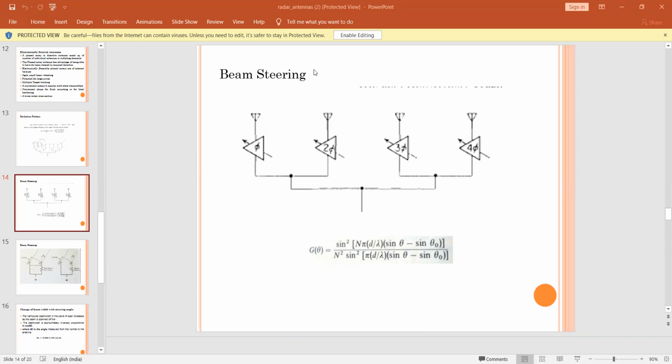Each phase shifter has the same phase in a series feed line array, which means that only one steering command needs to be generated, as compared to n-1 phase commands needed for a parallel feed. This is an advantage since it simplifies the computer that has to generate the phase commands.